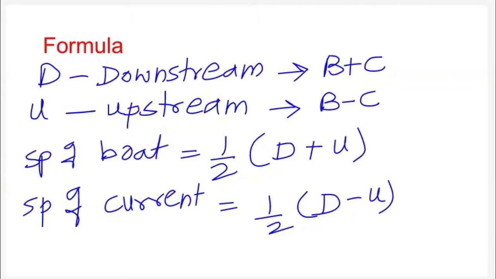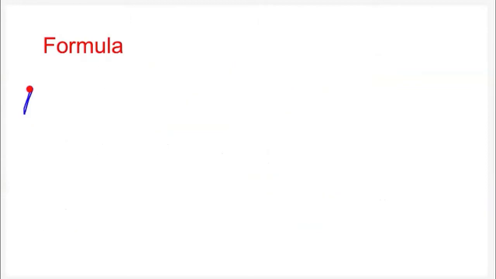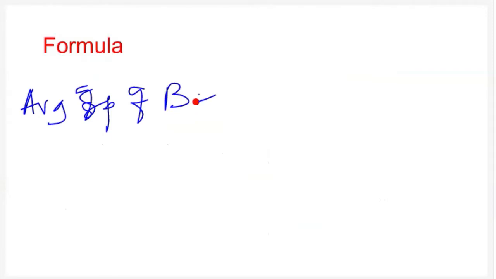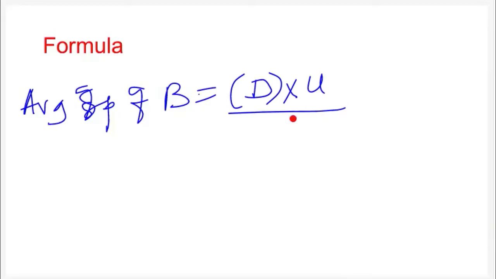Now, in case of boat and stream, how do we calculate the average speed of boat? Average speed of boat is downstream into upstream upon speed of boat.